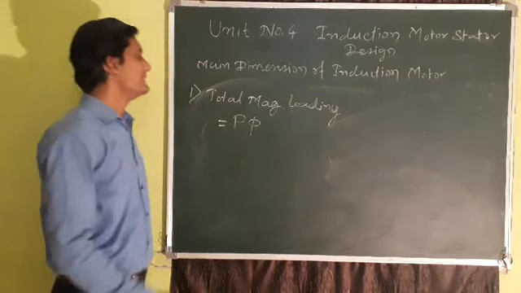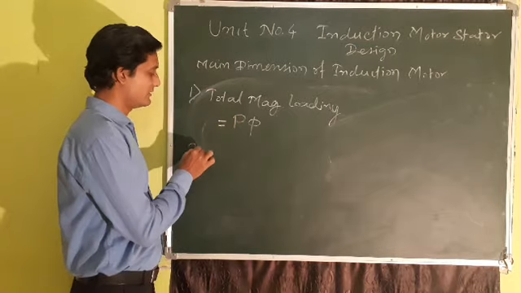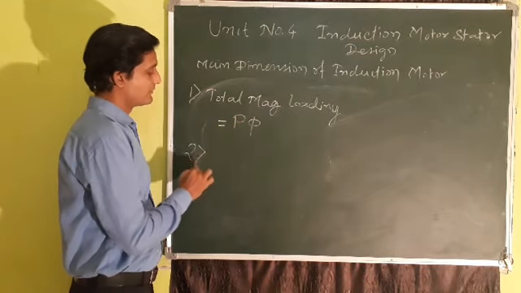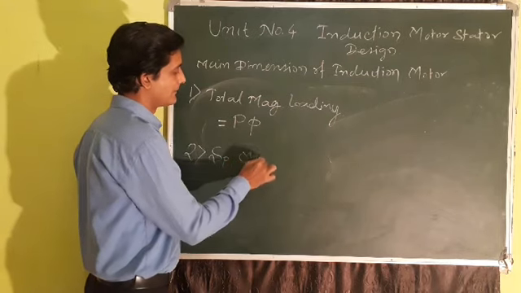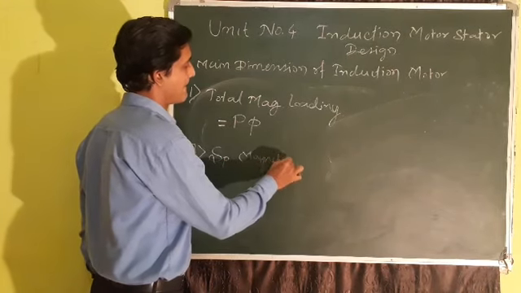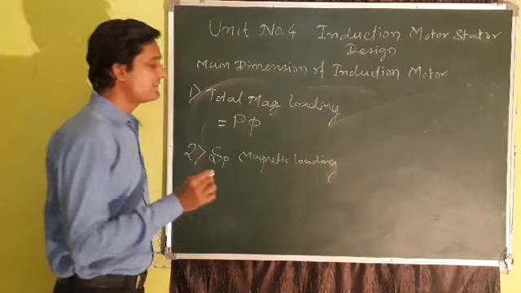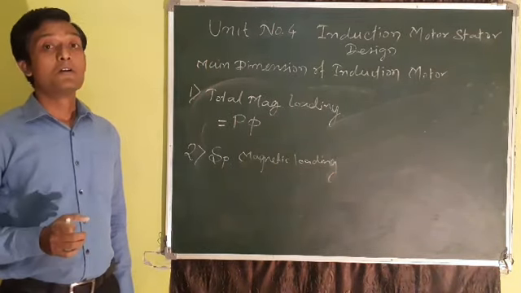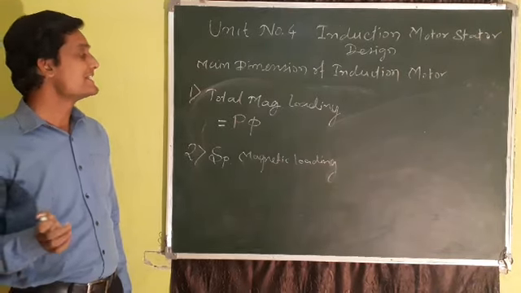Okay. Now the next term is specific magnetic loading. Specific magnetic loading is the average flux density around the stator periphery.